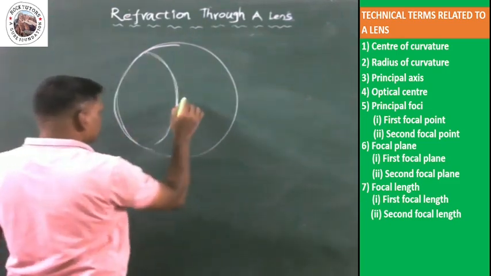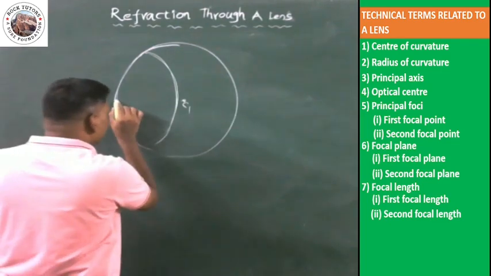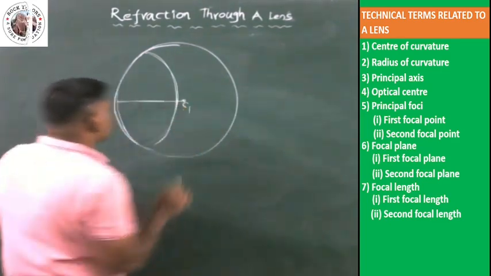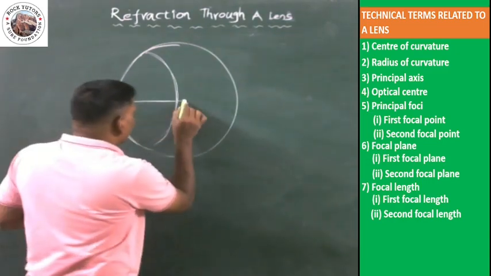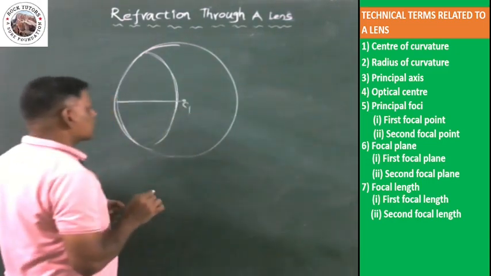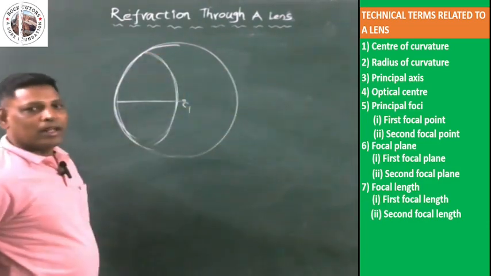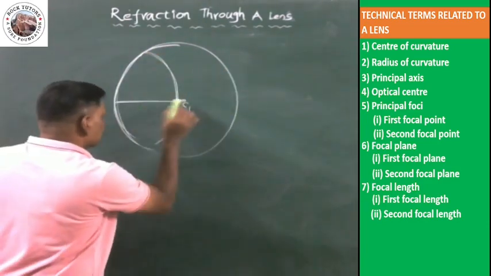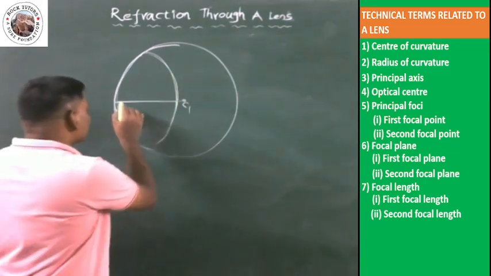This sphere has a center, as we just discussed, and a radius. This is the radius of the sphere. This curve is a part of this sphere, and this radius is called the radius of curvature. I am taking this as R1.